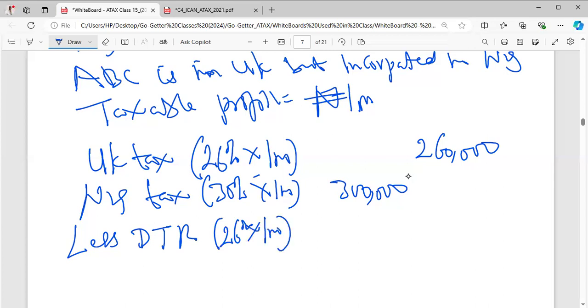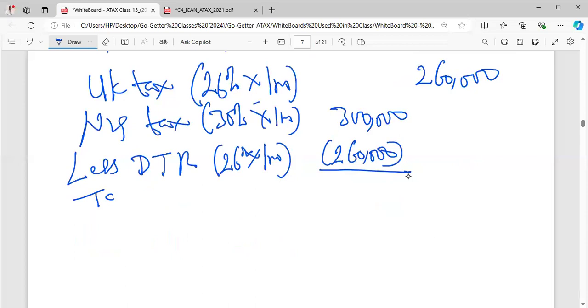So whichever is lower between UK and Nigeria is what we use. So we are going to 260,000. So that means tax due in Nigeria should be 40,000.